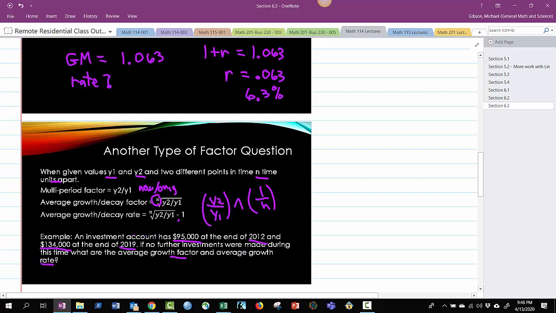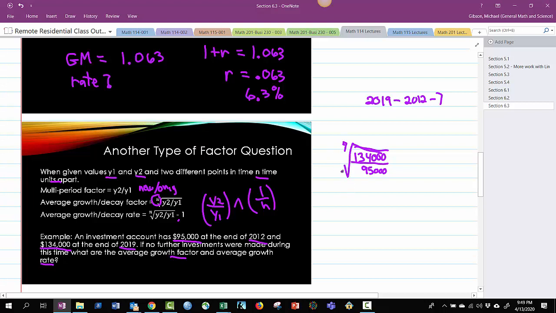So the first thing you got to do is the newer, the 134,000, divided by the original, which was 95,000. And then we have to take a root of it, right? We want the nth root. What is the n? Well, we're going from 2012 to 2019, so that's 7 years. So we would take the 7th root.